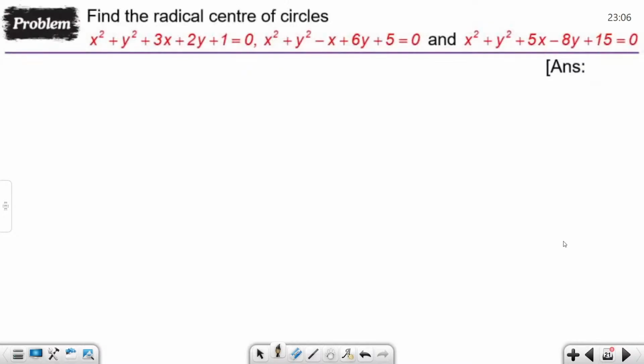The question is, find the radical center of these three given circles. Three given circles, one is S1, S2 is, and S3 is.